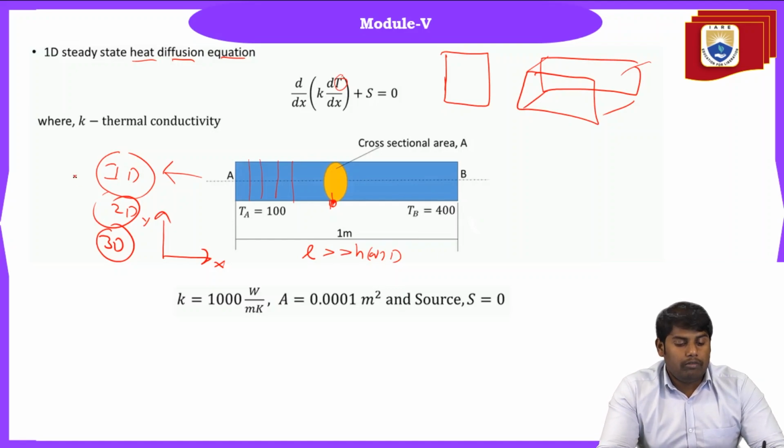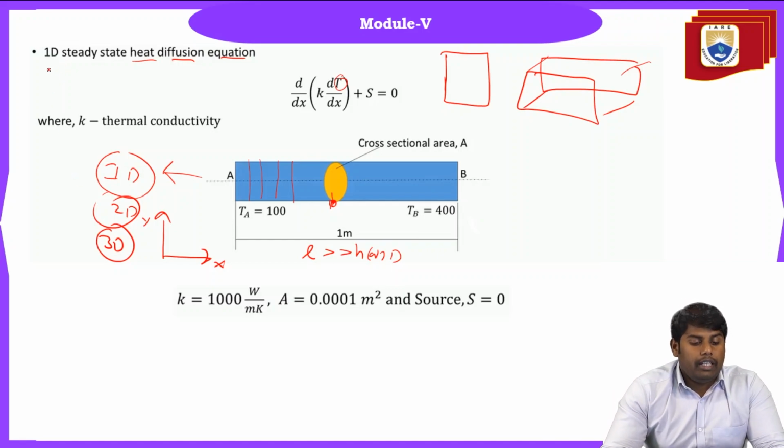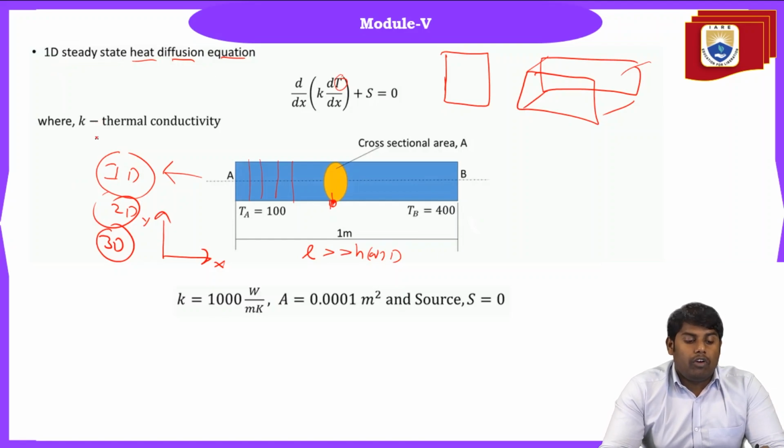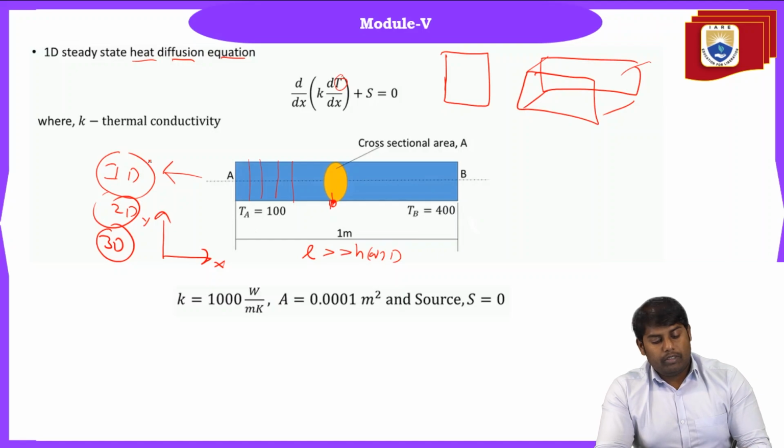Now for this problem, what do we need to see? We need to see the finite volume formulation of the 1D steady-state heat diffusion equation. So we are formulating using the finite volume formulation and solving them, with different numbers of points that we take along the element. Let us draw it in terms of the element.